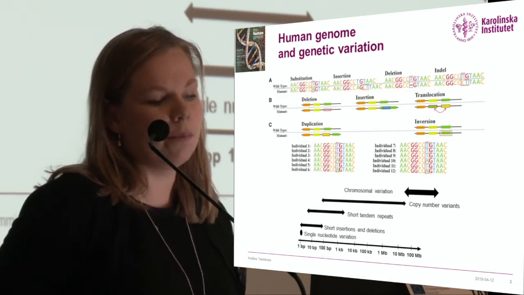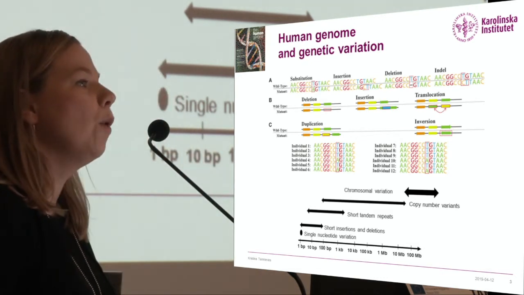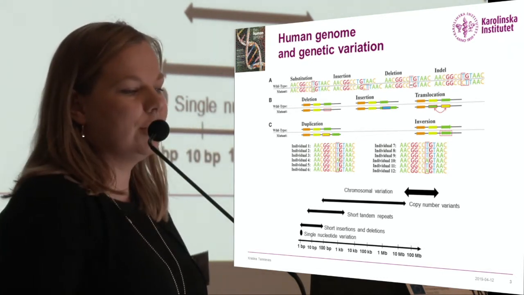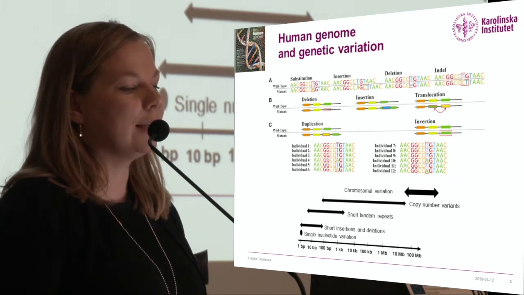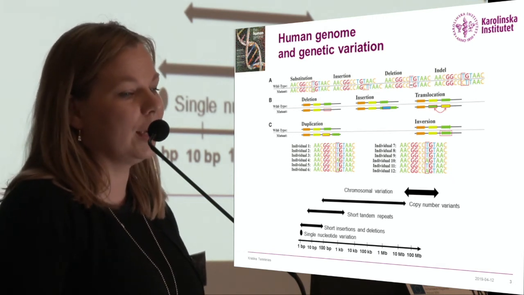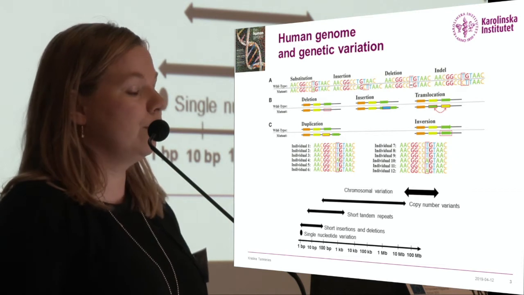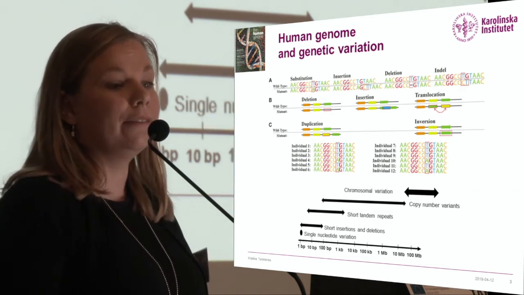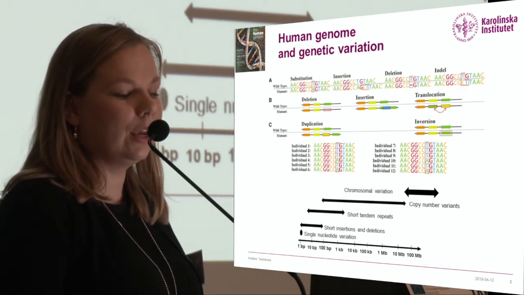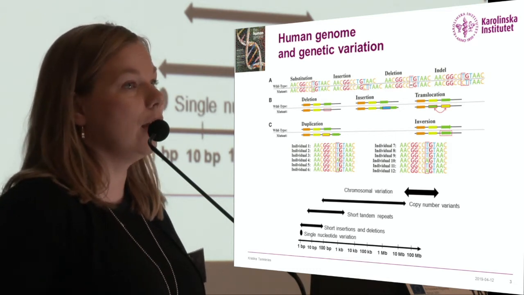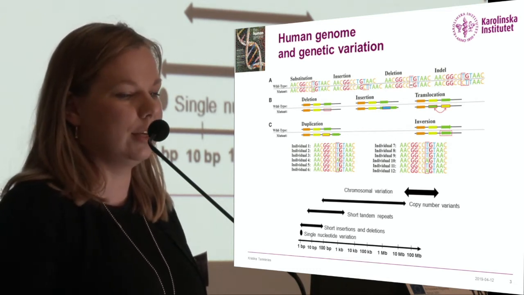If we start from the really small ones, where a single base pair changes, we can have substitutions, we can have insertions, and if you look at the upper row, we have deletions. And then we go into a bit larger ones, short insertions and deletions.